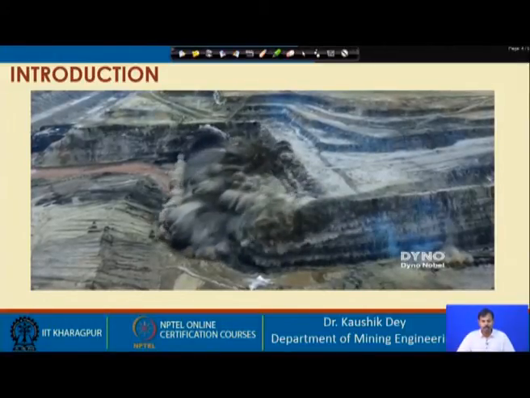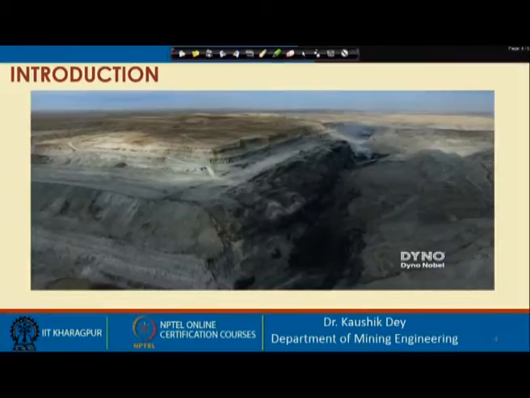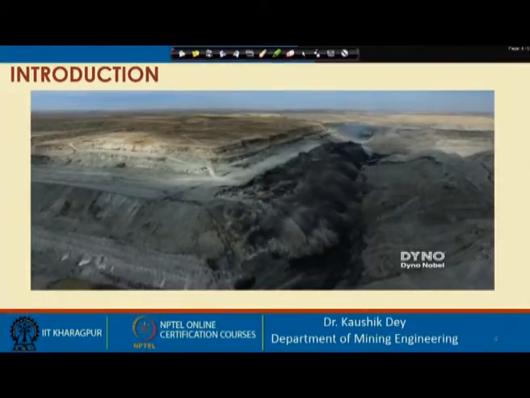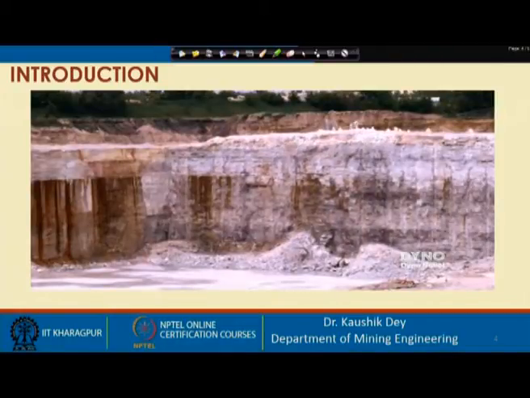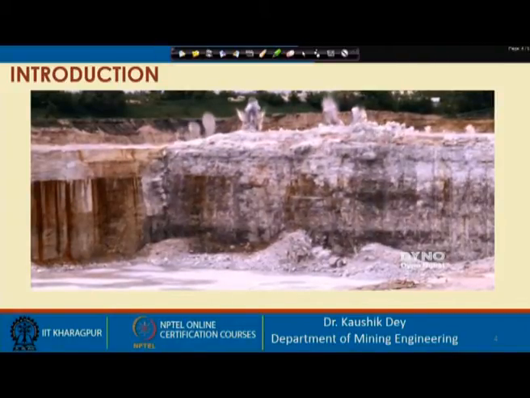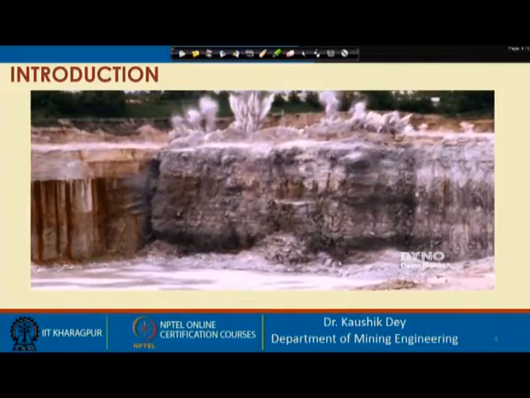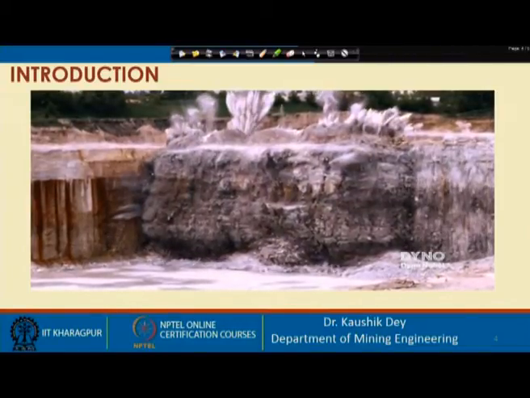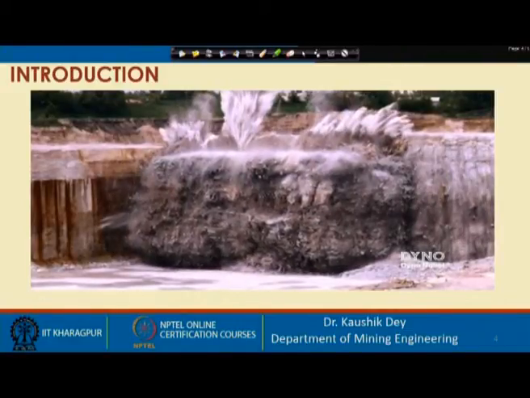So, you can observe how these initiations are carried out, how the waves are propagated, how the rock mass is fractured, and how it is thrown in the front direction or upper direction. You can see in this video how the rock is moving at a very slow pace, but actually it is very high speed.